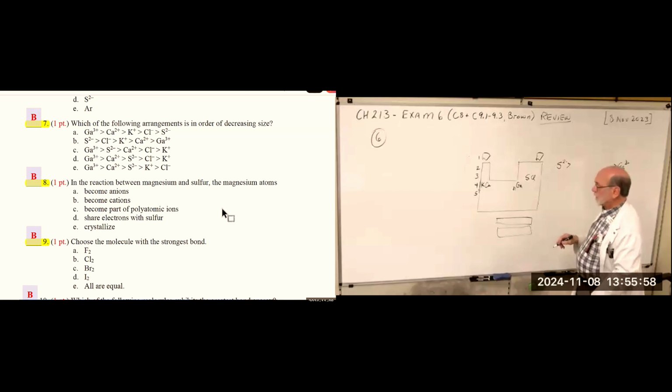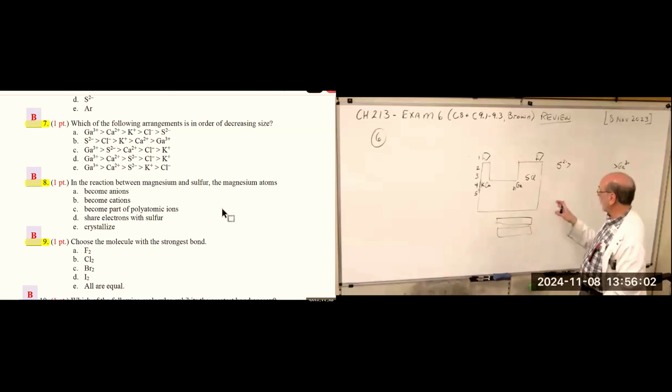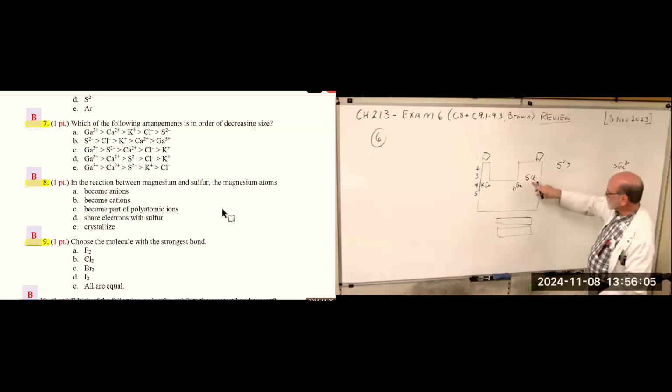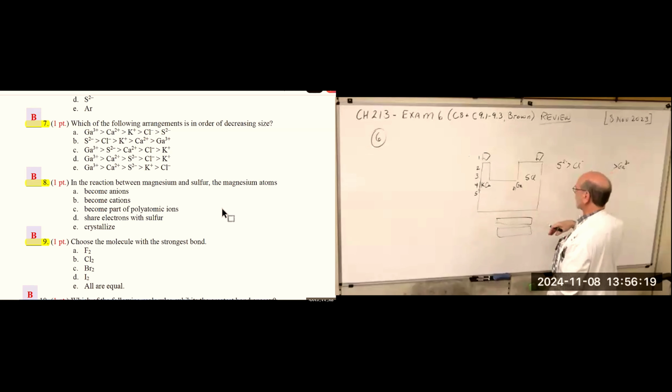So then if we put them in order, chlorine should be the next smallest, I think. Yeah, because we removed an electron from that one. And then what do we have left? We have potassium and calcium.